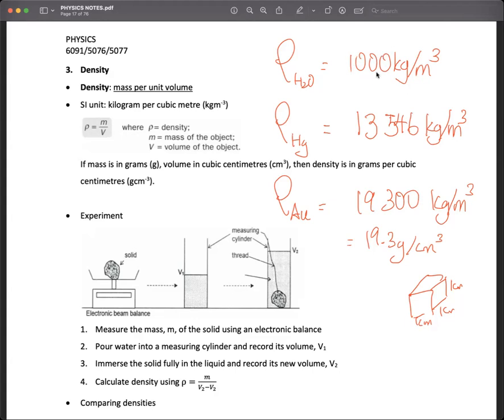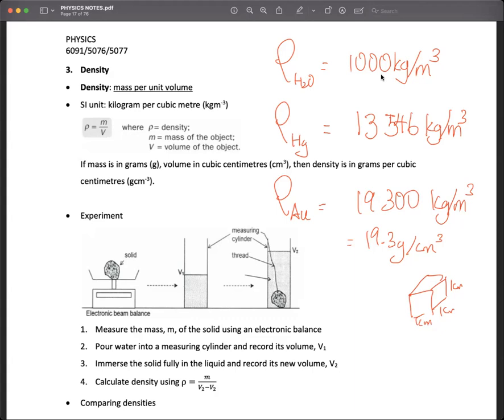But the amount of substance should be the same. The density should be the same for the same pure substance. If someone tells you that this substance is water, but it doesn't come out to 1000 but only 500, then you can tell them confidently that what you are getting is not water. Are you clear about this? So for every pure substance, the density is constant, is fixed.